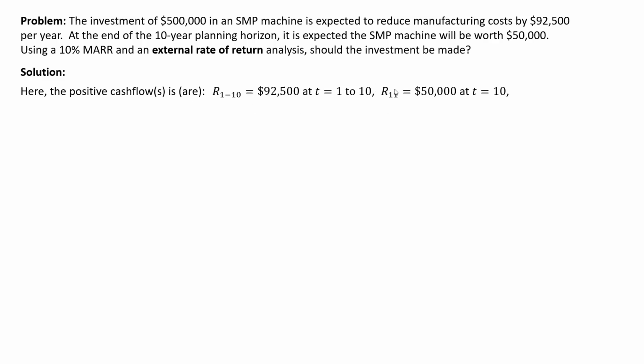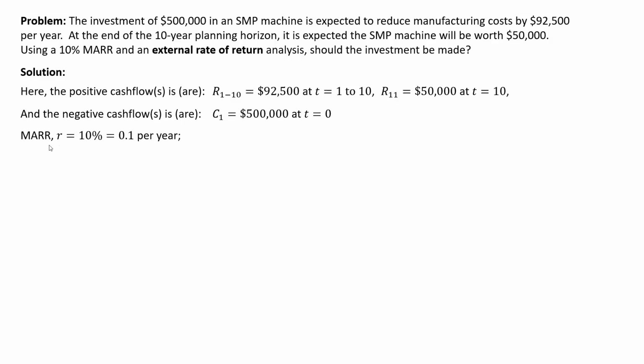Anyway, so some R happening at t equals 10. And the negative cash flow: there's only one negative cash flow, $500,000 at t equals 0. Would you agree?